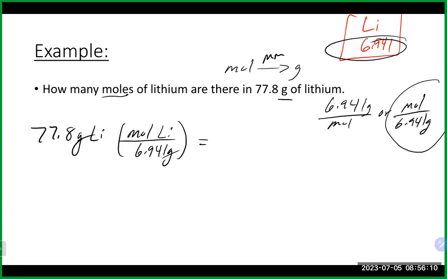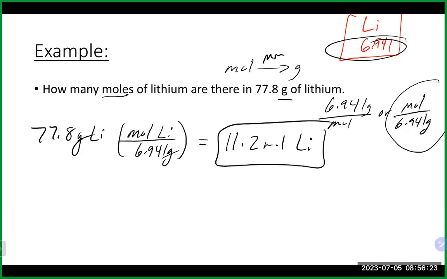So we're taking 77.8 divided by 6.941. Going to give us 11.2 moles of lithium. 11.2 and a bunch of numbers. But once again, looking here at this number, 3 significant figures there should end up as 3 sig figs at the end of the calculation. Any questions on that one there?